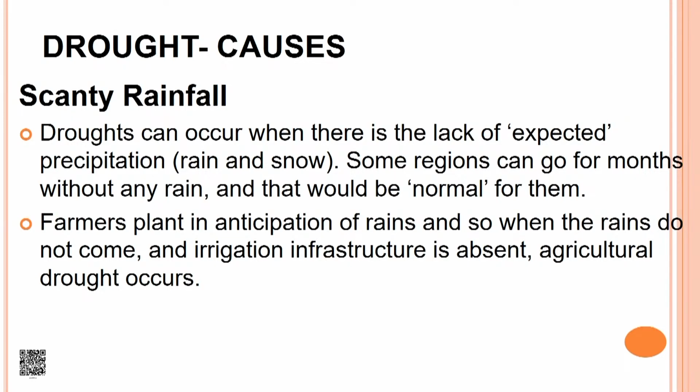Some regions can go for months without any rain, and that would be normal for them. Farmers plant crops in anticipation of rains, and when the rain does not come and irrigation infrastructure is absent, agricultural drought occurs.